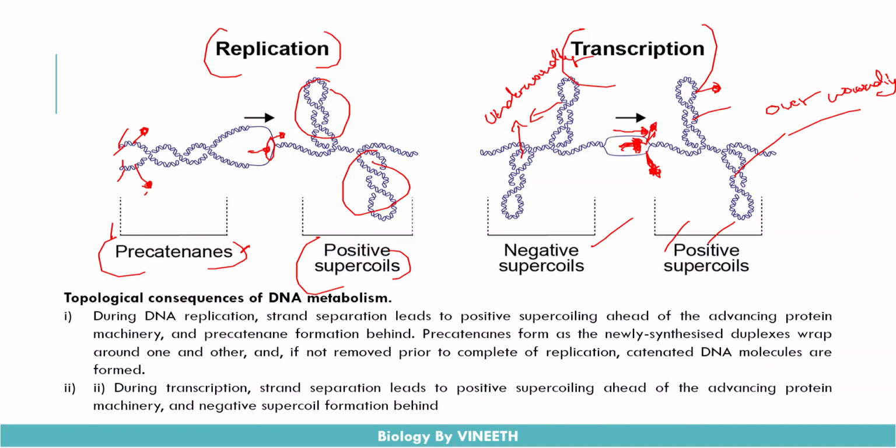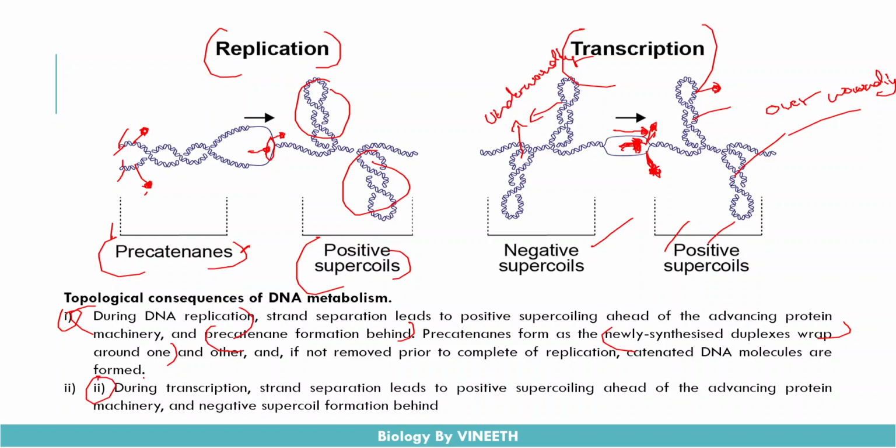So this statement describes the supercoiling happening in replication and transcription. You can even see this during DNA replication: precatenin is found behind the replication fork. Precatenin is mainly due to newly synthesized duplexes wrapping around one another.